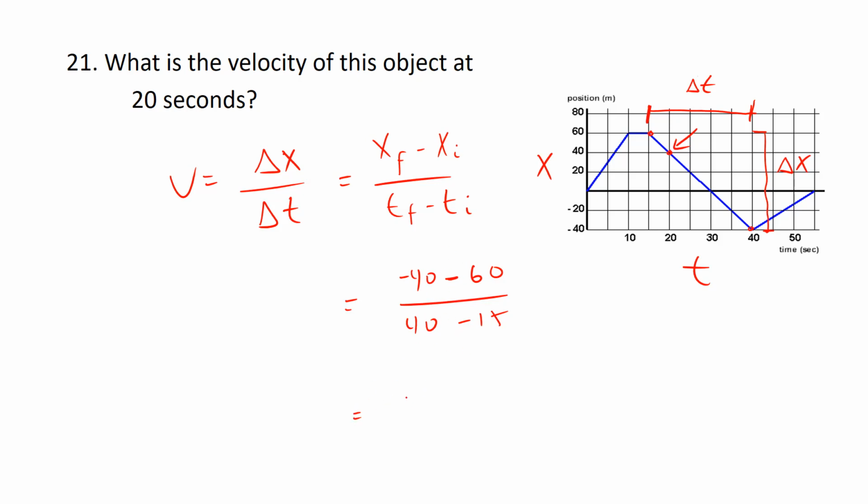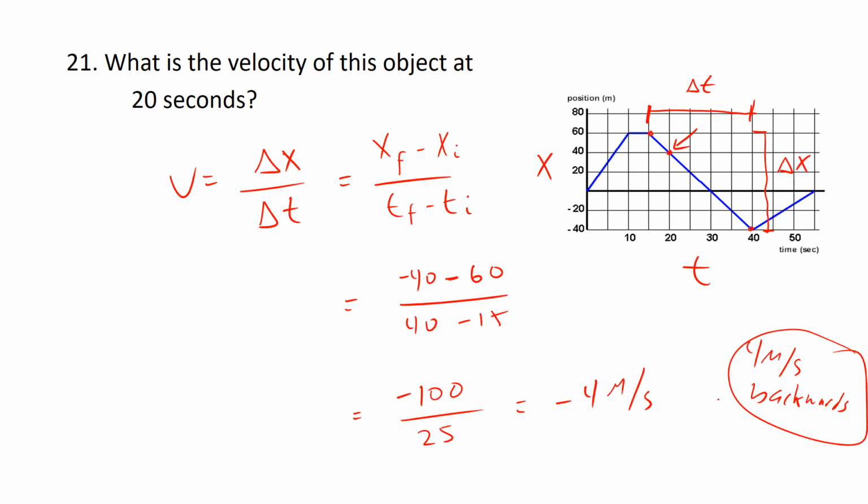That would be negative 100 over 40 minus 15, which is over 25, and you're going to get negative 4 meters per second, or you can say even better, 4 meters per second backwards. So either one would be okay. This would be the better answer.